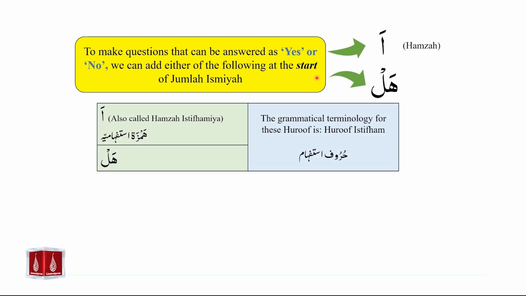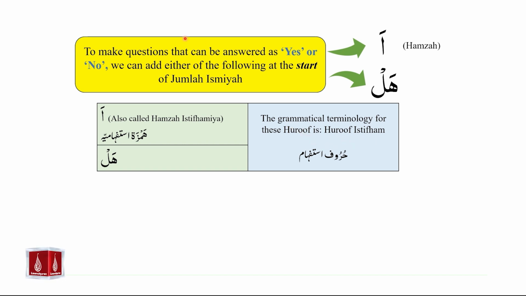Let us learn further about some terminologies. This Hamza is also called Hamza-Istifhamiya. Please note that Hamza-Istifhamiya and Hal are both examples of huruf. And the grammatical terminology for these huruf is huruf istifham.